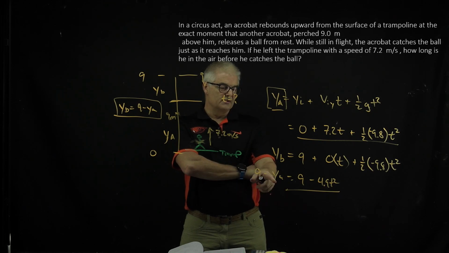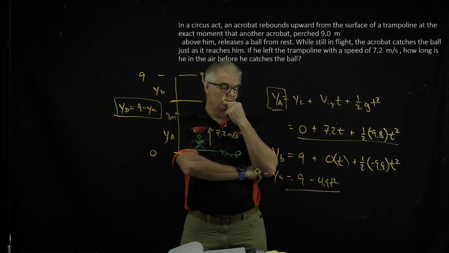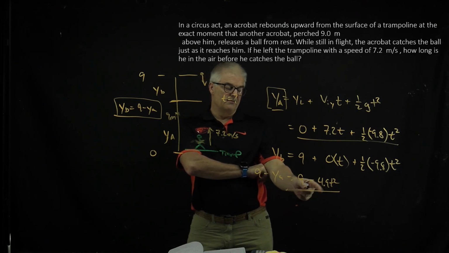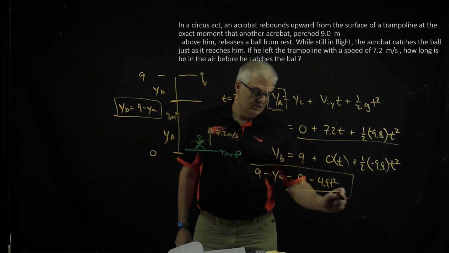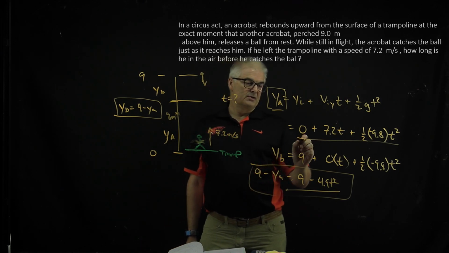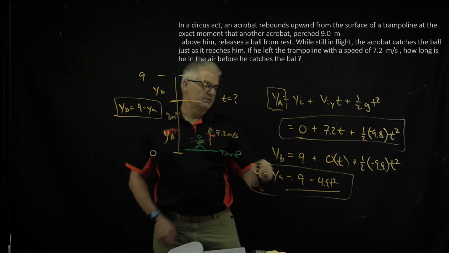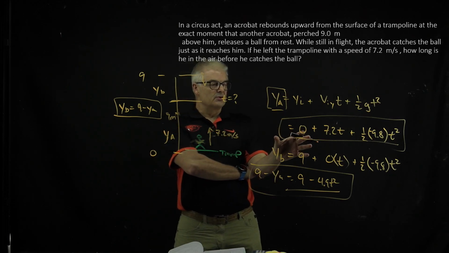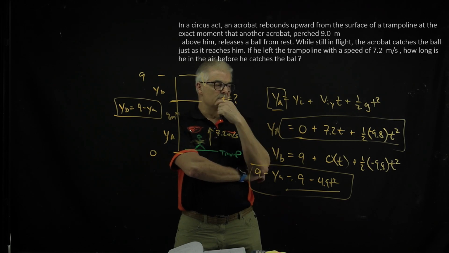We have two equations, and two unknowns, y and t. So now you have equation 1 and equation 2, and this is just equal to YA. If you have two equations and two unknowns, you use some mad algebra skills and you solve the problem.